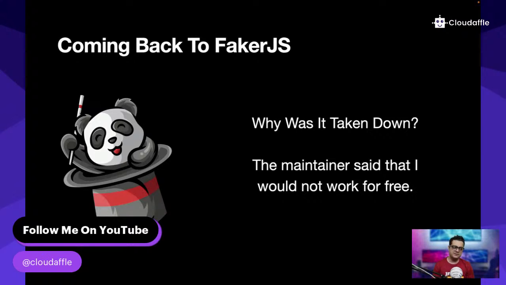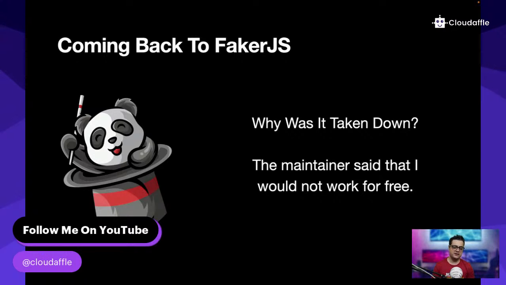He said either people should send him a six-figure income contract so that he can continue working on FakerJS, or someone else can fork the project and work on it. He had no other option, because you don't want to die of hunger as a software developer.